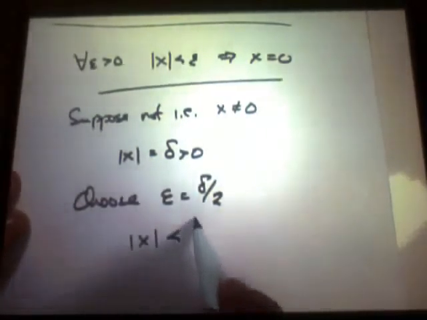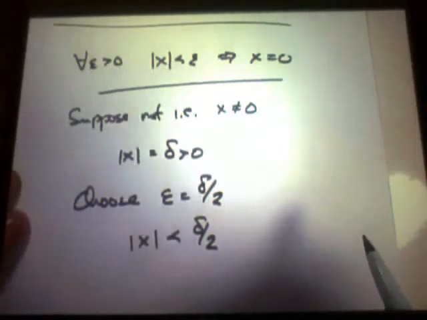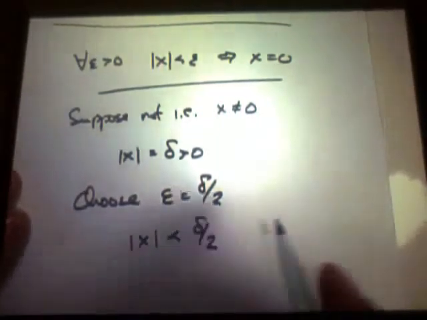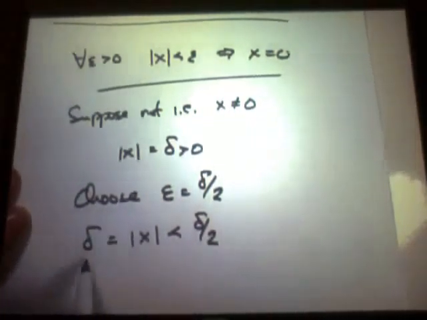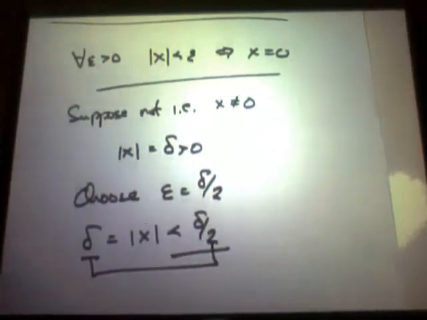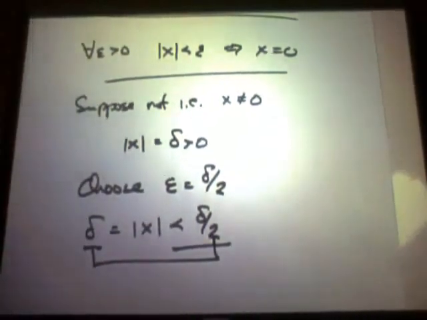Well, if epsilon is delta over 2, what's that? That's a contradiction. The only thing that can possibly happen is x is zero.